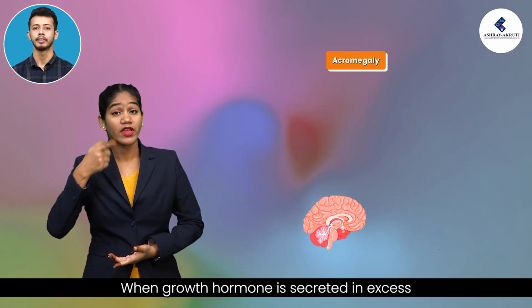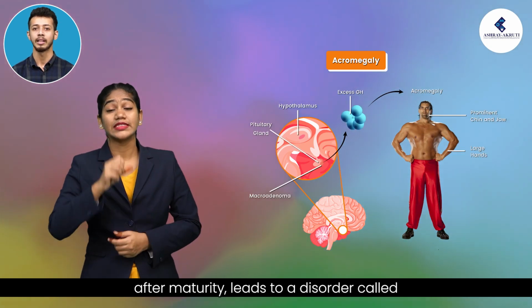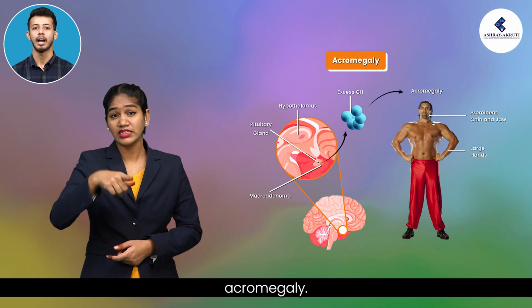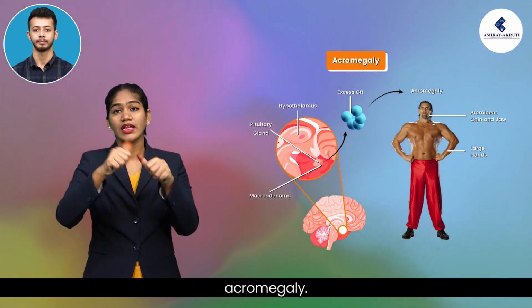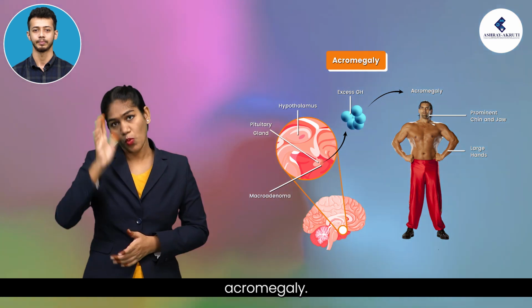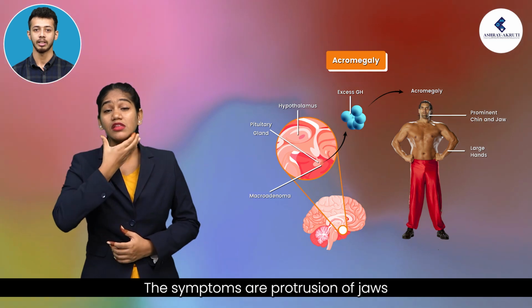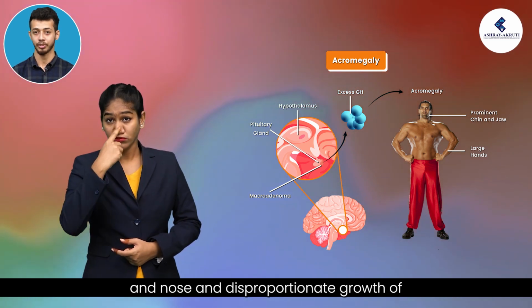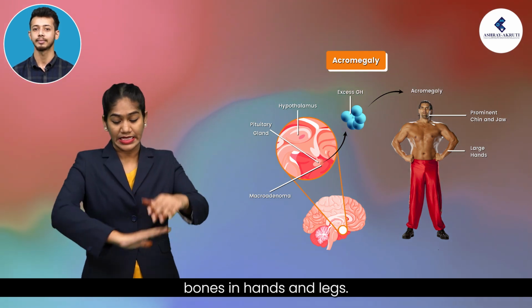When growth hormone is secreted in excess after maturity, it leads to a disorder called acromegaly. The symptoms are protrusion of jaws and nose and disproportionate growth of bones in hands and legs.